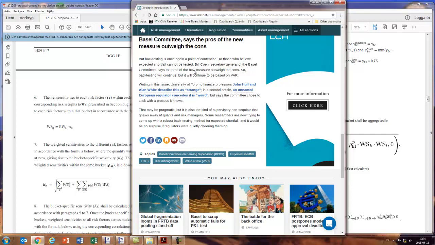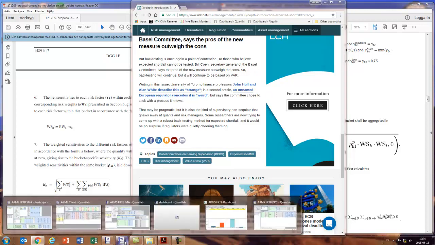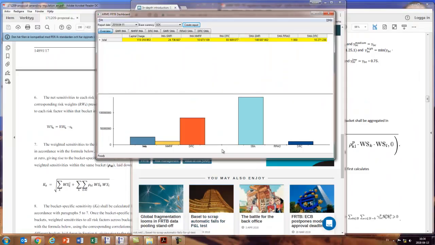But you have done it anyway, so you now have a calculation engine, and then we're going to look at what that might look like if you've done the job correctly.